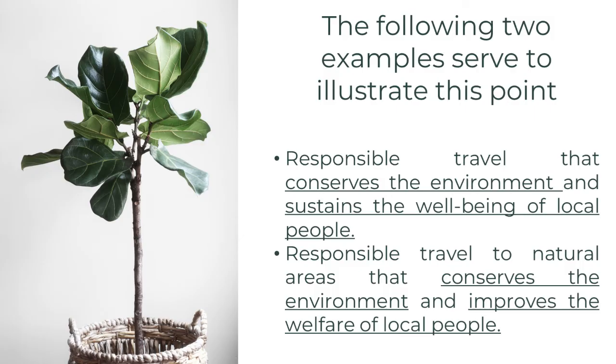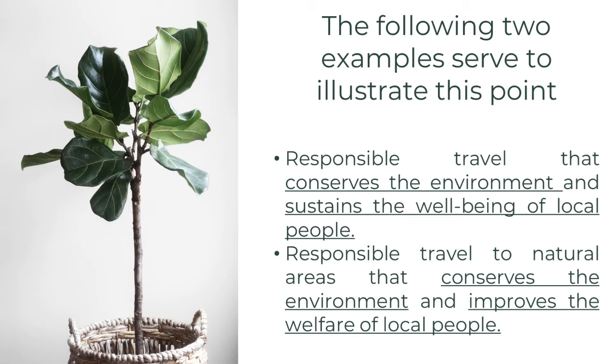Next one is, there are two examples served to illustrate this point. So ano daw ba yung gustong example na ibigay ni Priest in order for us to understand yung ecotourism? So sabi niya dito, responsible travel that conserves the environment and sustains the well-being of the local people.